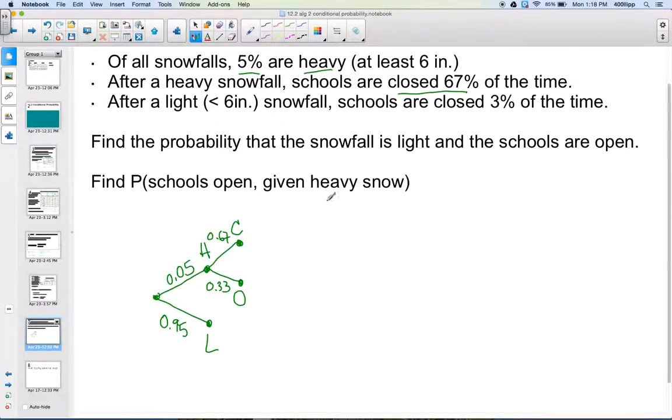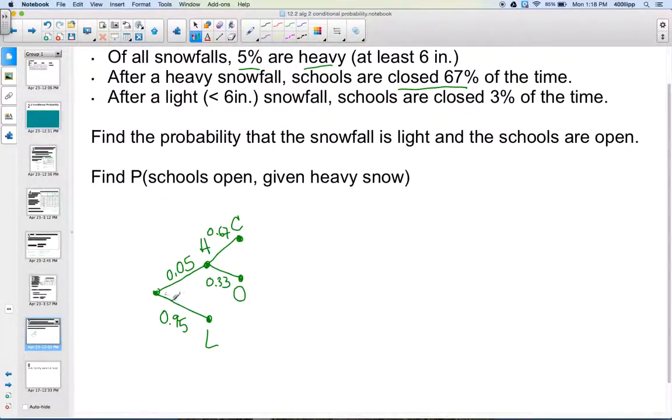Okay, moving on here. Now we're going to look at if it was a light snowfall. Again, we're going to have 2 different options. Either schools are going to be closed or open. After a light snowfall, schools are closed 3% of the time.